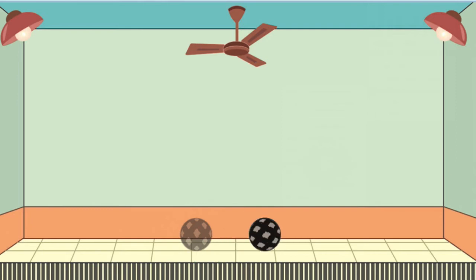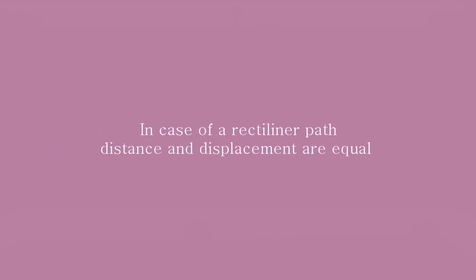If it stops at position 3, the distance is this much. The displacement is also same. Same is the case at position 4 too. You will get the same result at every position along this straight line. So we can conclude that distance and displacement are equal in rectilinear motion.